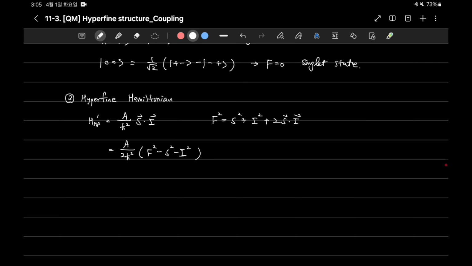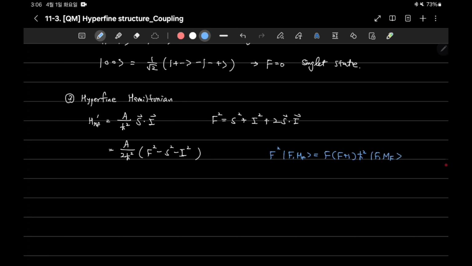So let's think about the f state. We already know that f square acting on f mf is f times f plus 1 h bar square f mf.